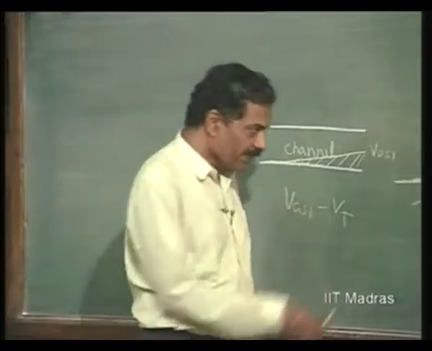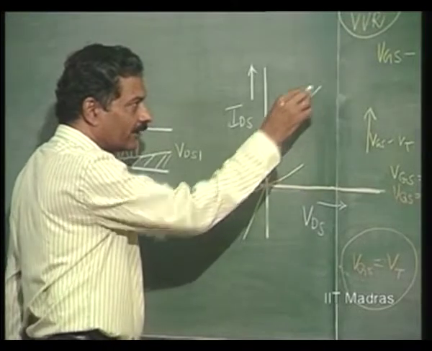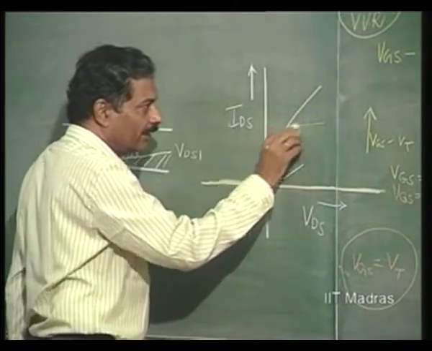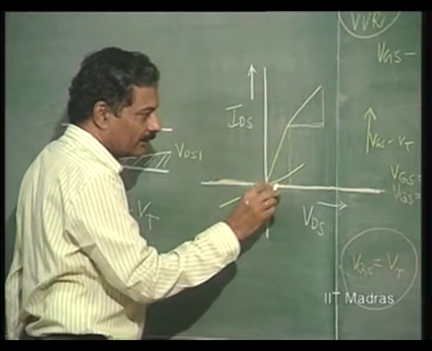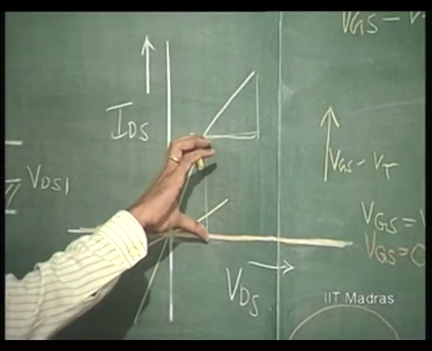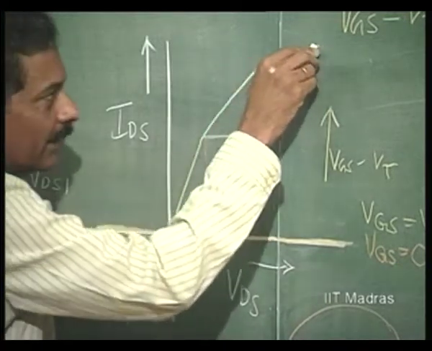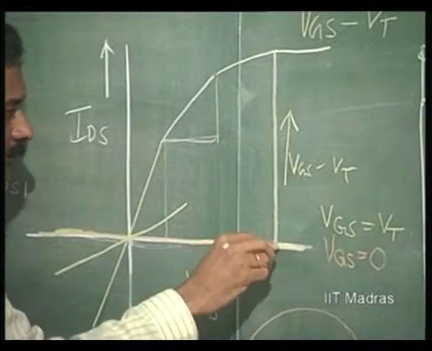So, for an incremental voltage remaining the same, the incremental current will keep on decreasing. That means for the next portion of the incremental voltage, the incremental current is going to be less. If you maintain the same voltage, this current is going to be lesser than the previous current, and the next current is going to be still less. Ultimately, at the pinch off point, what is the pinch off point?